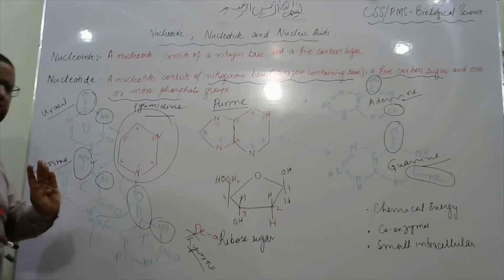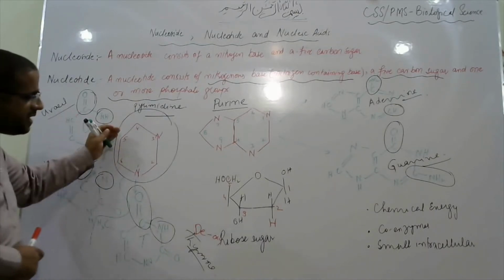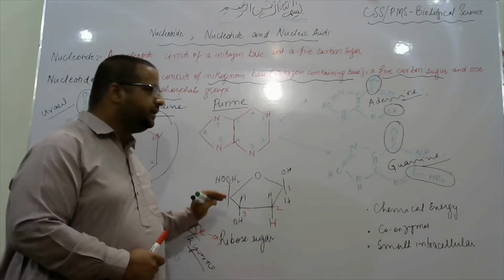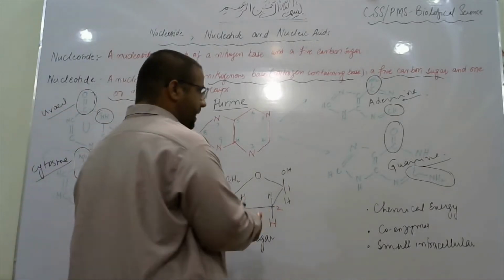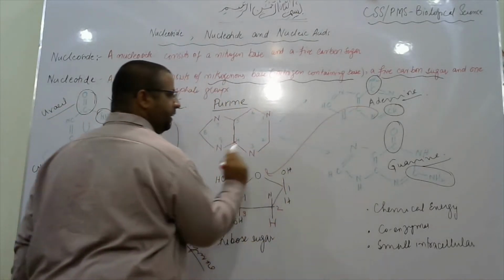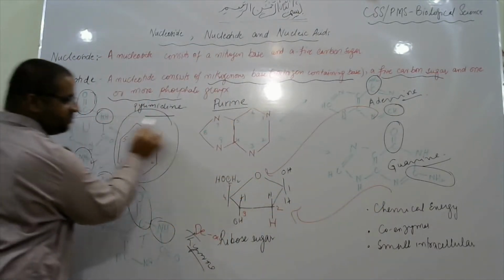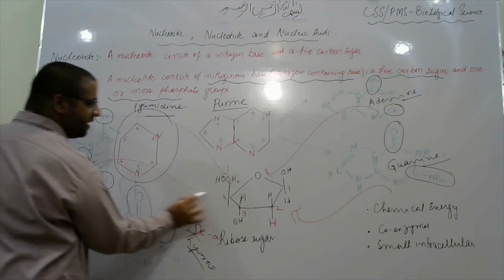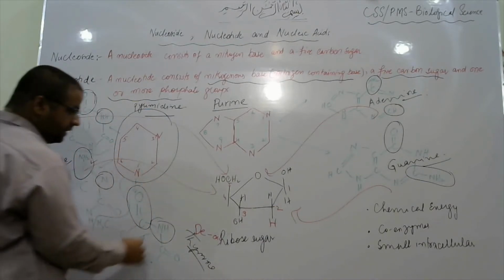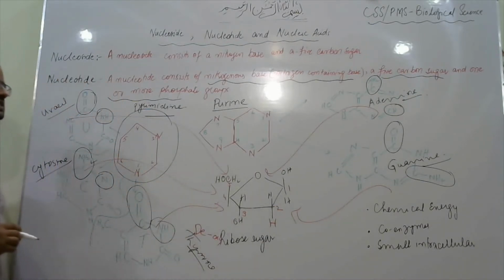Now I am going to stop here and point out that a nitrogenous base and sugar attached together form a nucleoside. It may be adenine attached to the sugar, guanine attached to the sugar, uracil, cytosine, or thymine attached to the sugar. This basically forms a nucleoside.